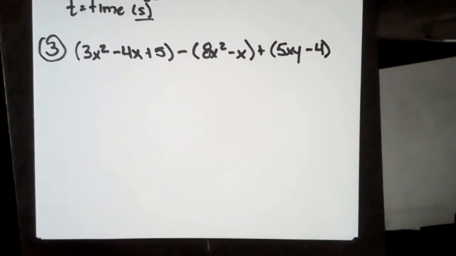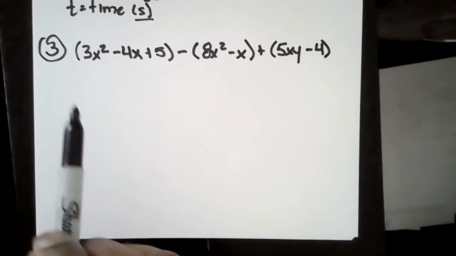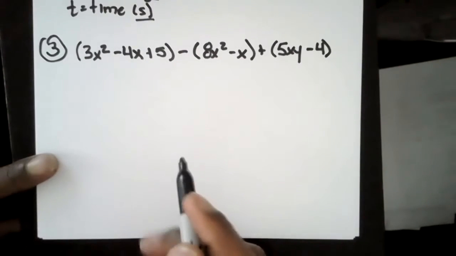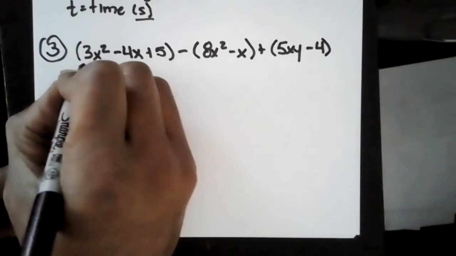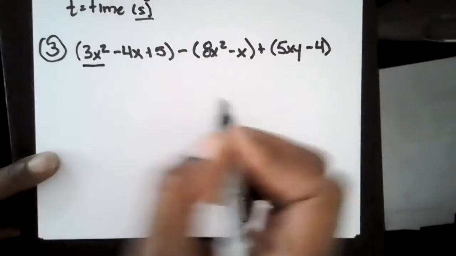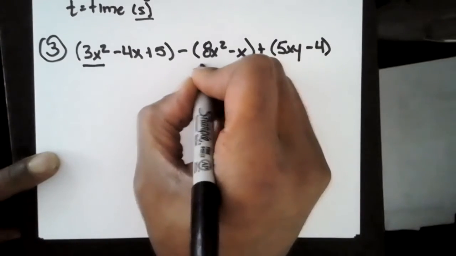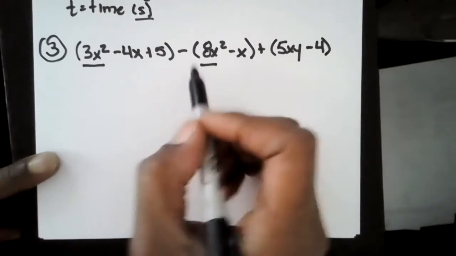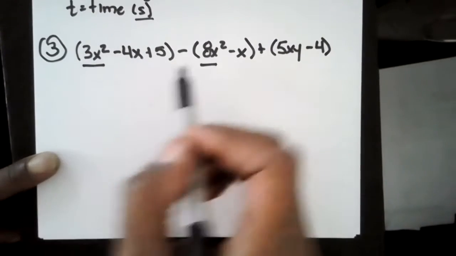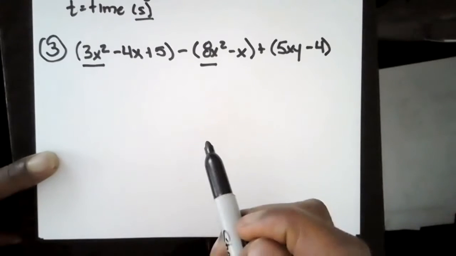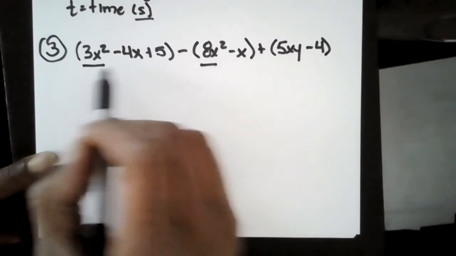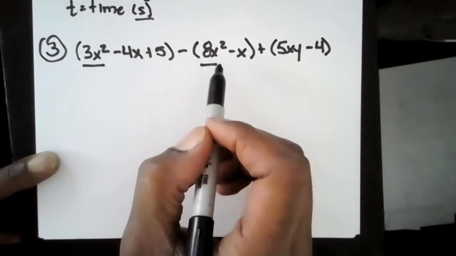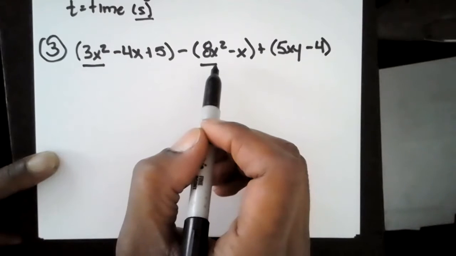First thing we're going to do, we're going to just start adding and subtracting across. We're going to combine like terms. We have a 3x squared here. We have an 8x squared here. And that's all we have. So 3x squared minus 8x squared is going to give you how many x squared?